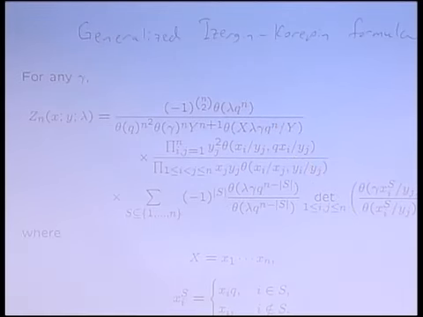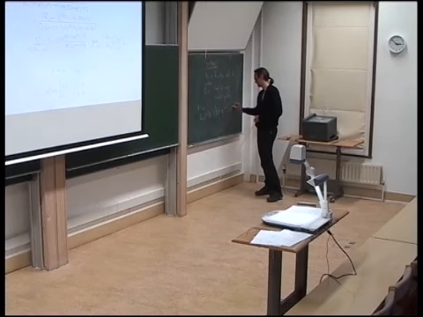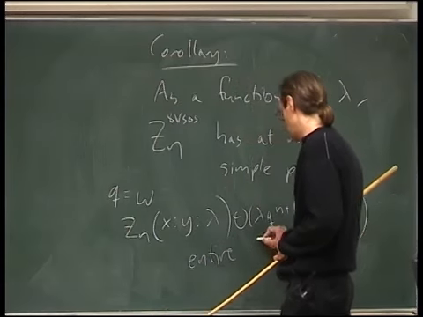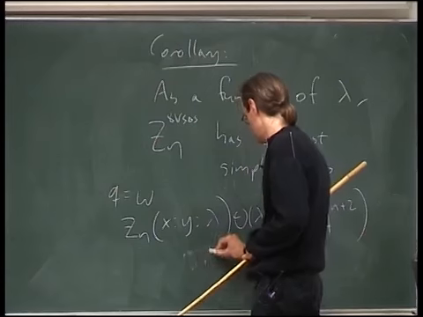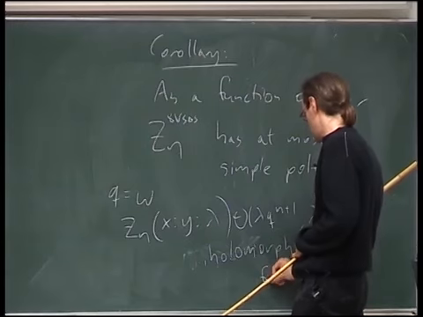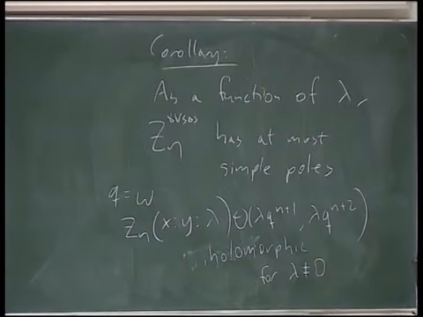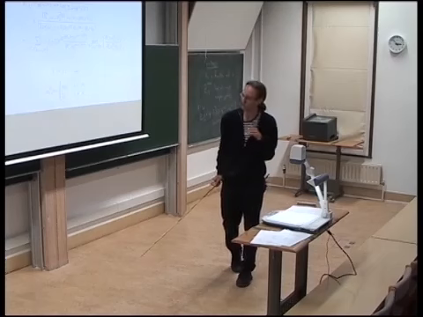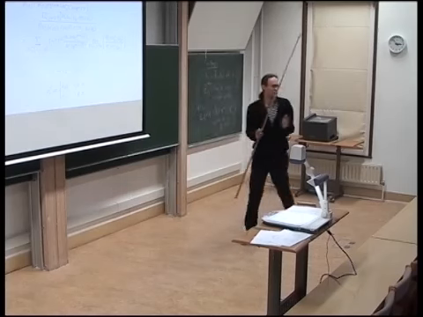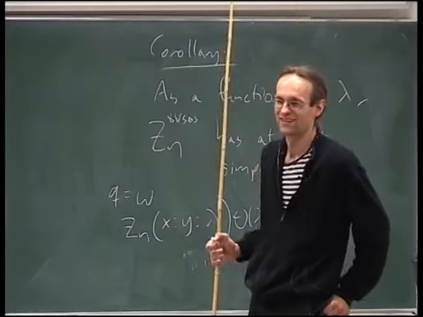So if you write down something like that, that would be really an entire function, or, well, it's singular at lambda equal to 0, but holomorphic for lambda non-zero. And if you recall the formula I had for these 3-color partition functions, that was some very simple dependence on lambda, and that really comes from this factor.